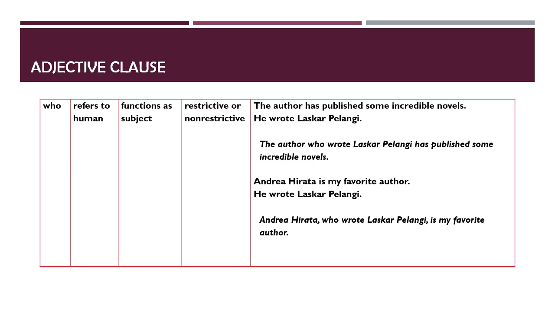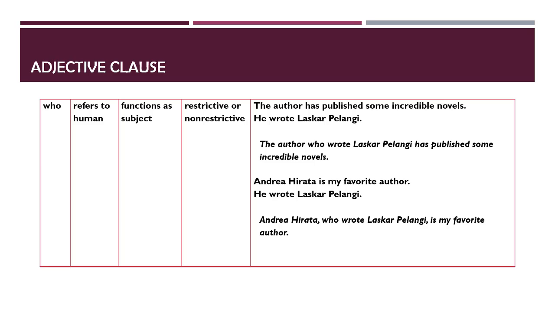The second one. Andrea Hirata is my favorite author. He wrote Laskar Pelangi. These two sentences can be combined into only one complex sentence: Andrea Hirata, who wrote Laskar Pelangi, is my favorite author. In this case, the adjective clause who wrote Laskar Pelangi is only additional information because it is already clear who Andrea Hirata is. So this adjective clause is considered non-restrictive.